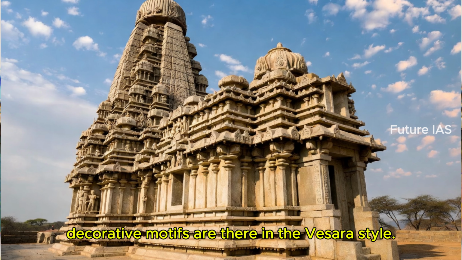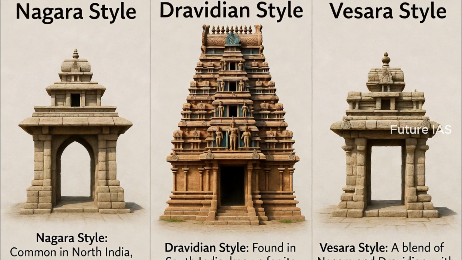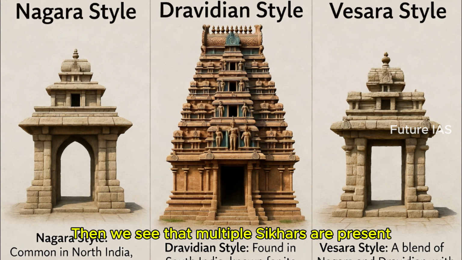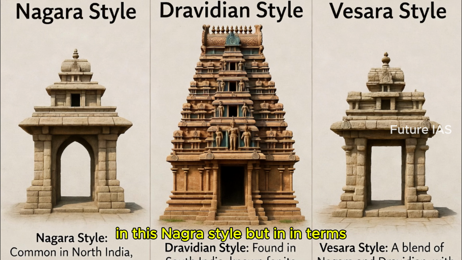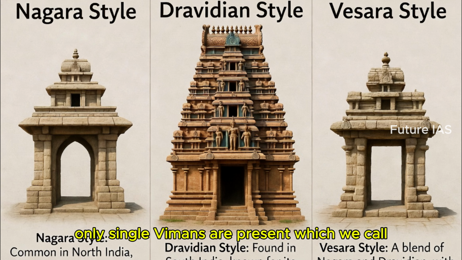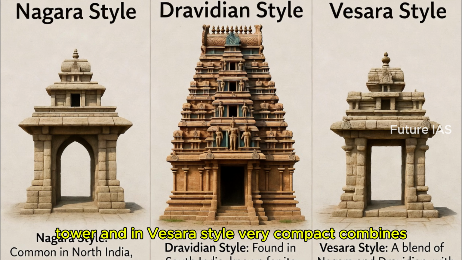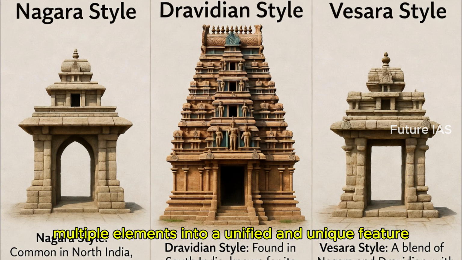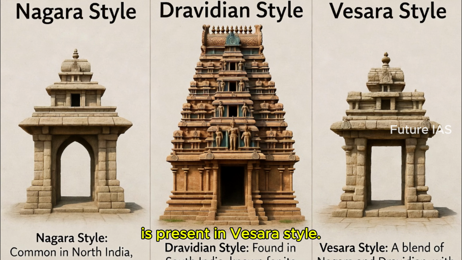Then we see that multiple Shikhars are present in the Nagara style, but in the Dravidian style we found that there is only a single Vimana, which we call a tower, and Vesara style is very compact, combining multiple elements into a unified and unique feature.